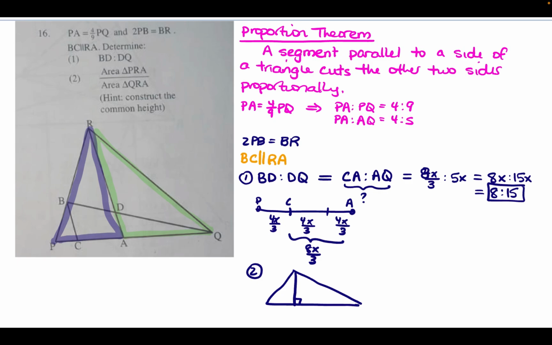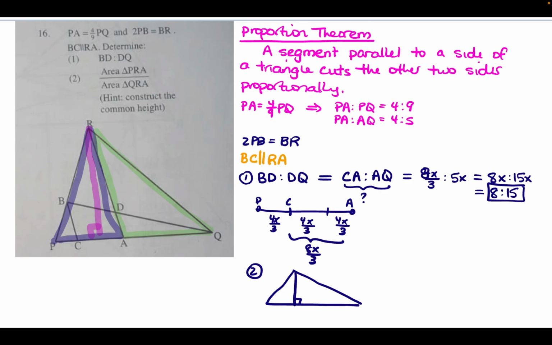And if I were to draw the altitude, the height for both of these, that's the hint in this problem, it's the perpendicular to the base, which in one case is PA, in one case is AQ, but they are all a part of the same segment, PQ.